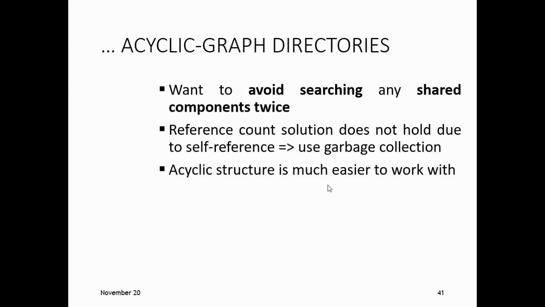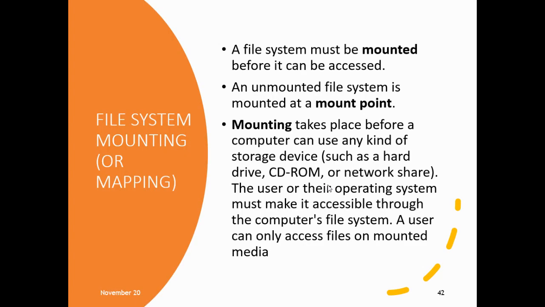So this you want to avoid, because you are searching twice. Let's say two folders are pointing to the same file, so the operating system will check folder A and come up with a file, and then it will search folder B and also come up with a file. So it will search twice, although both searches are only referring to one particular file.